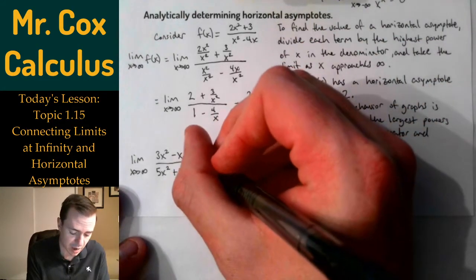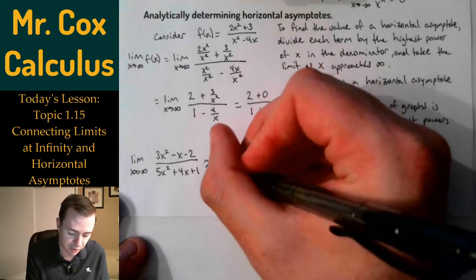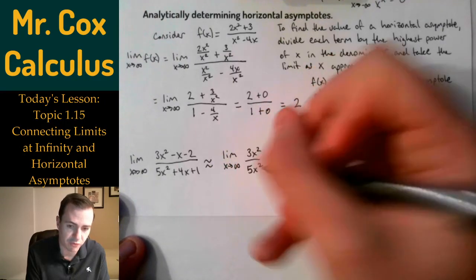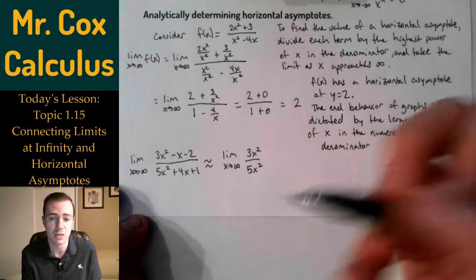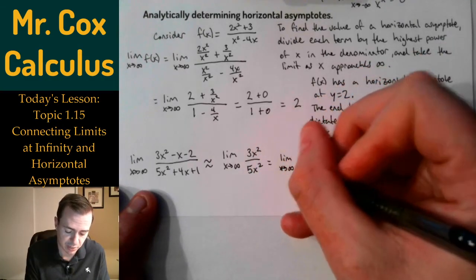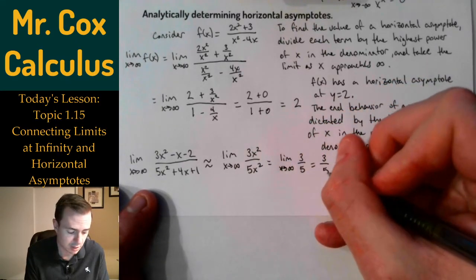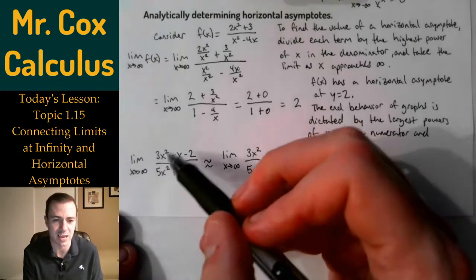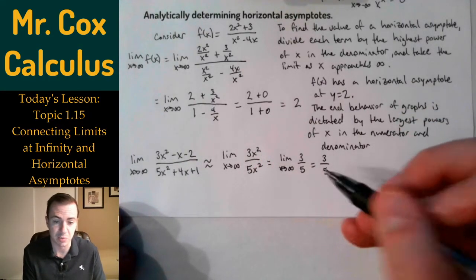In fact, I can go ahead and make the claim that this is approximately equal to just simply the limit as x approaches infinity of 3x squared over 5x squared. Well, if I gave you that, the first thing you would tell me to do is to divide off the x squareds. So I can say the limit as x approaches infinity of 3/5, which is in fact that constant 3/5. And so making this little approximation, just an algebra technique of understanding what's in control as x approaches infinity, gives me this result of 3/5.